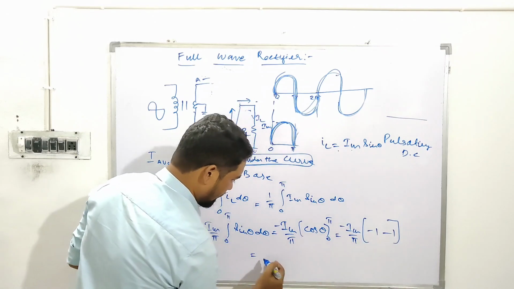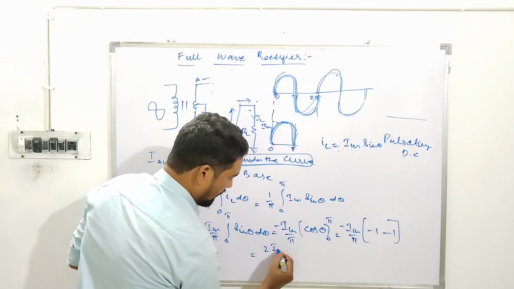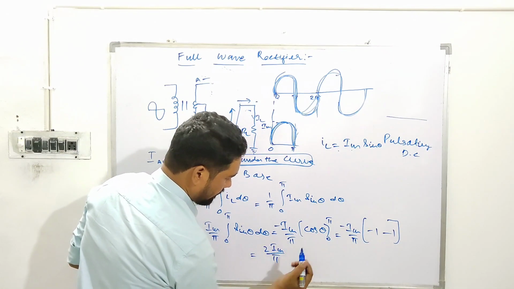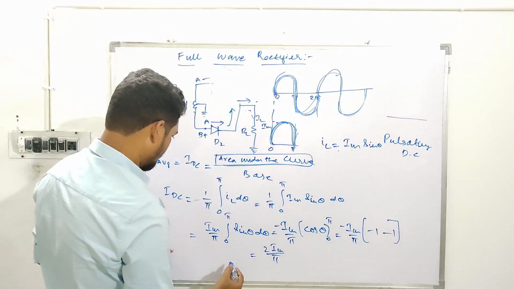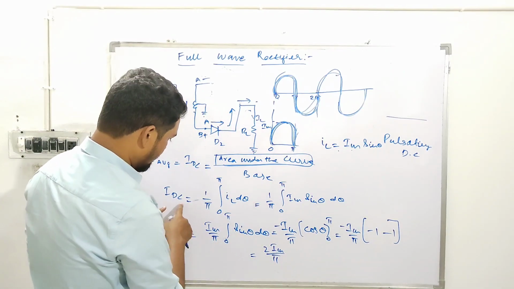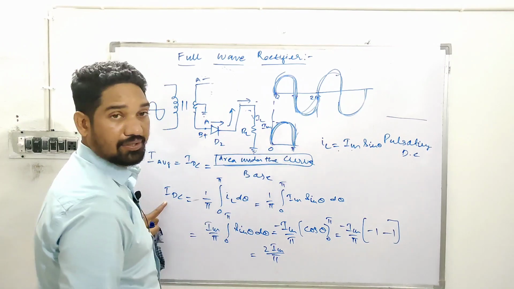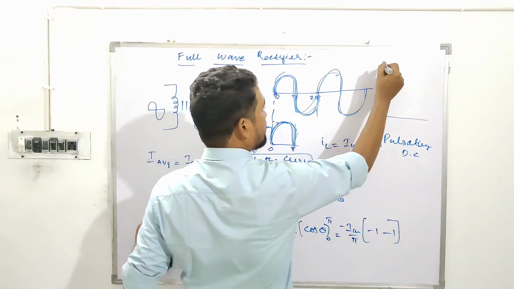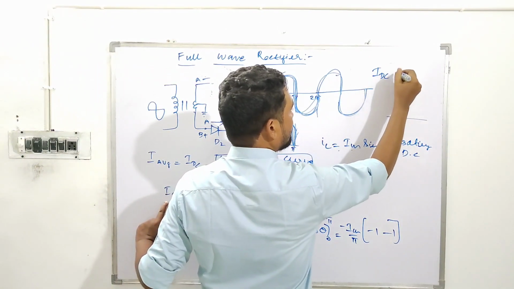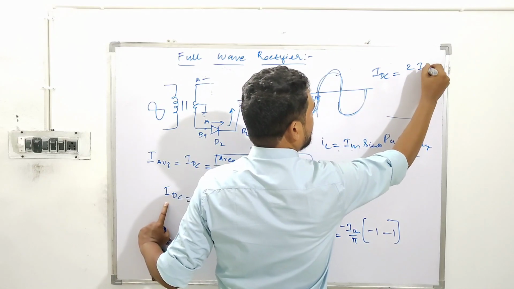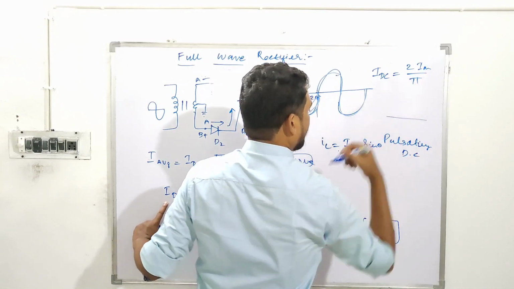Negative into negative gives positive, so we get 2 Im by pi. This is the amount of DC current existing in the pulsating DC. So IDC, the average, is equal to 2 Im by pi.